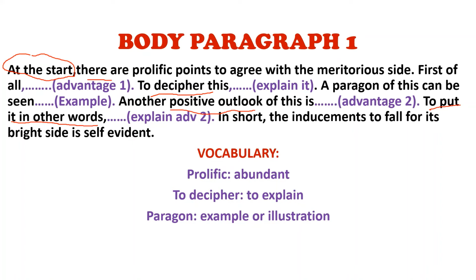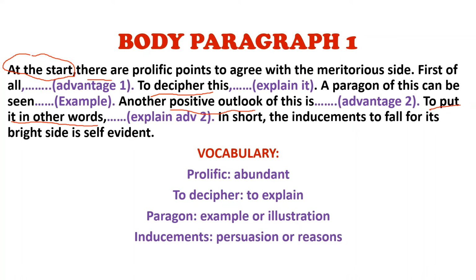So we have to say to put it in other words, and then you will explain your advantage 2. In short, the inducements to fall for its bright side is self-evident. The inducements means the persuasions, the reasons why I think it is an advantage. So in short, the inducements to fall for its bright side, its positive side, is self-evident. It's self-explanatory. It explains itself.